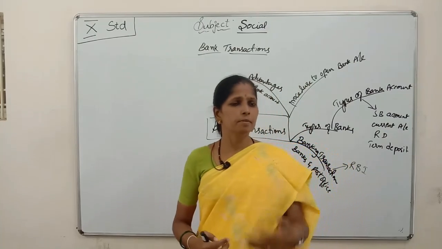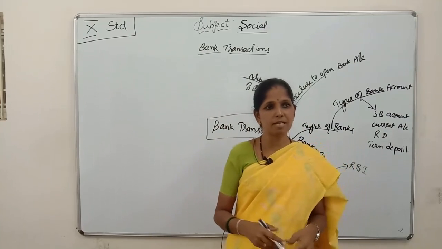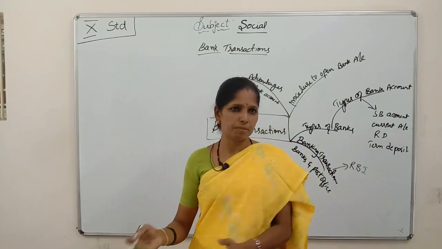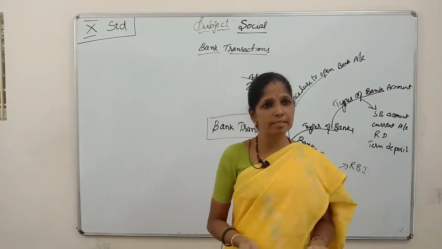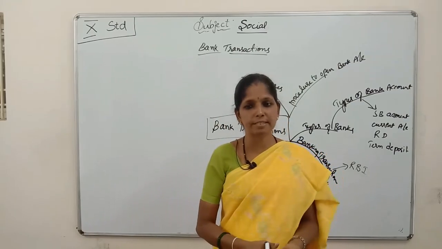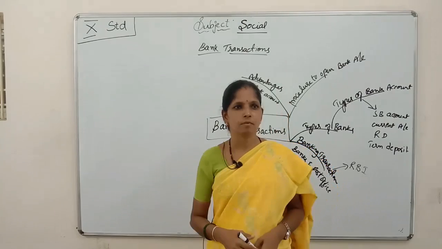Next one is commercial banks, which deal with transactions only for commercial or business purposes. Next, industrial development banks. These banks provide all facilities or policies which deal with the industrial sectors.